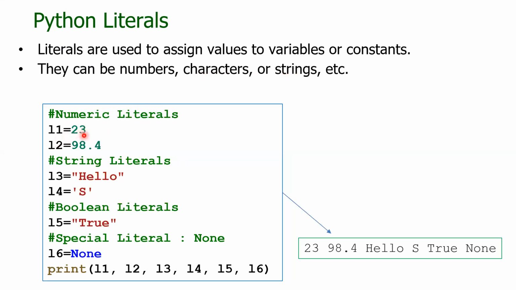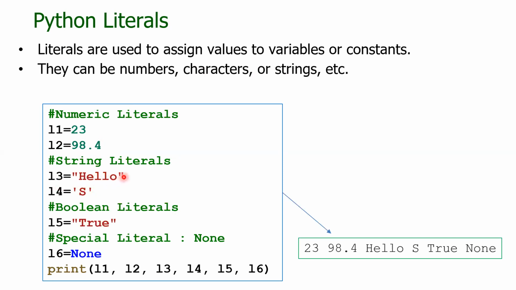L1 equal to 23 and L2 equal to 98.4, both are called numeric literals because here we are using numerical values for assigning the variables L1 and L2. Similarly, you can also have string literals where string values are assigned. L3 equal to hello.